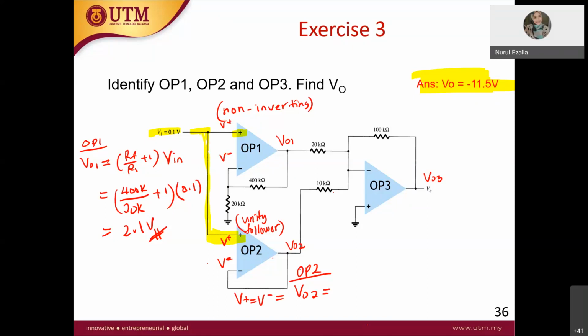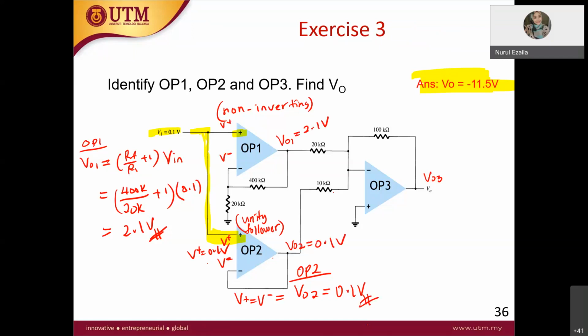Therefore V plus is equal to 0.1 volt, so V2 is also 0.1 volt. So V out 1 here is 2.1 volt.